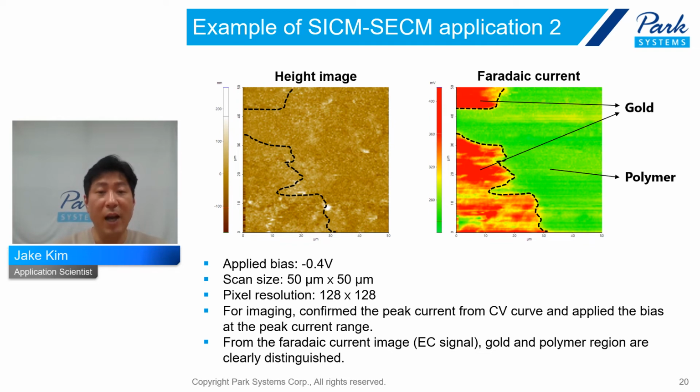Compared with the height image, in which we cannot recognize the contrast between the gold and polymer regions, in the EC Faradaic current image we can clearly see the difference between gold and polymer.